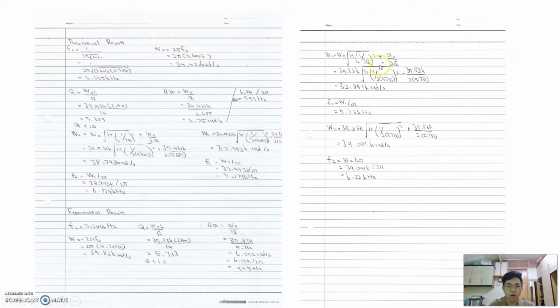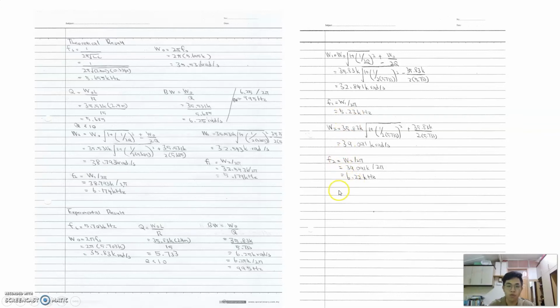So this is the calculation. We focus on the experimental result first. This is the resonance frequency I get from the graph. I will use it to calculate the quality factor and bandwidth, and after that I will calculate the two half power frequencies, which are 5.23 kHz and 6.22 kHz.